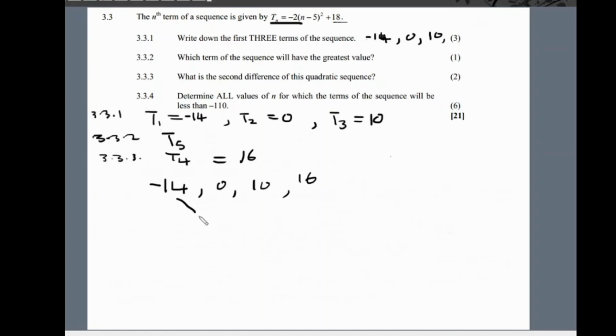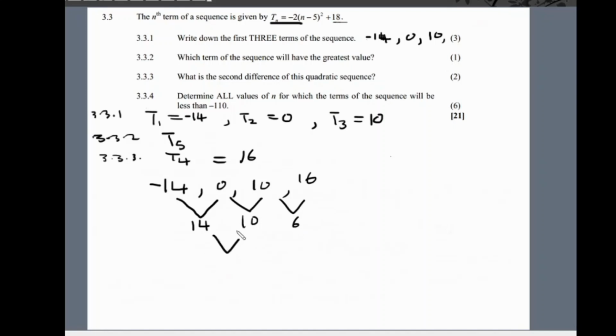And then now we calculate the first difference, right? When you say 0 minus -14, you'll just get 14. When you say 10 minus 0, you'll get 10. When you say 16 minus 10, you'll get 6. And then now we'll calculate the second difference.